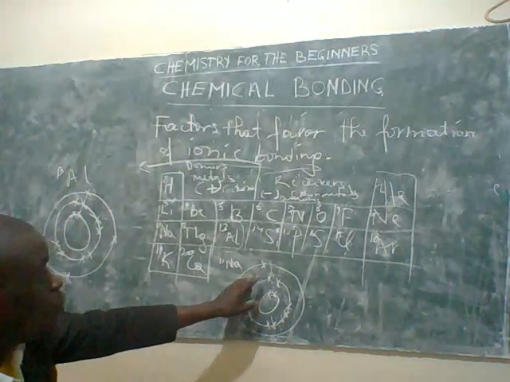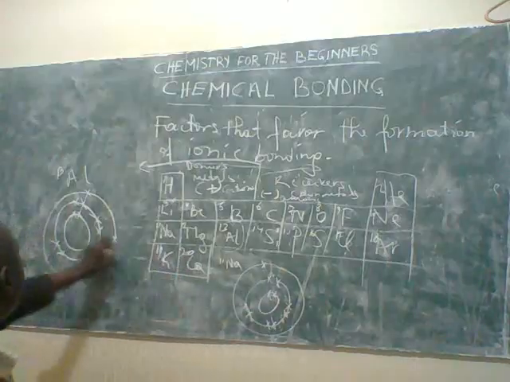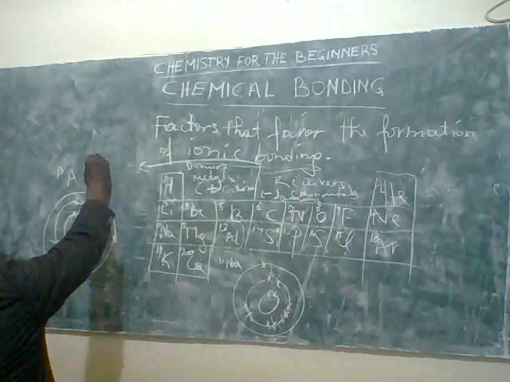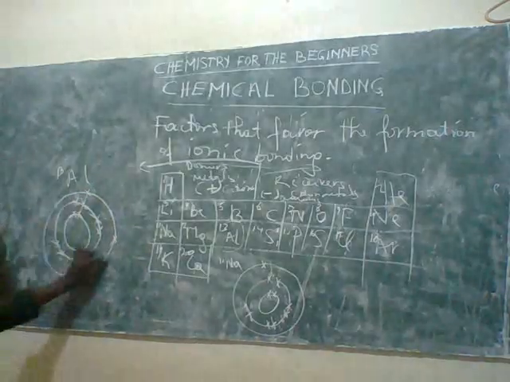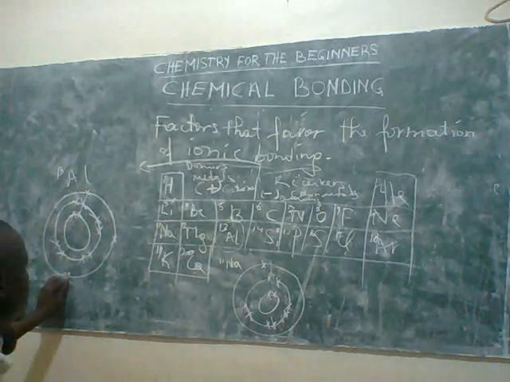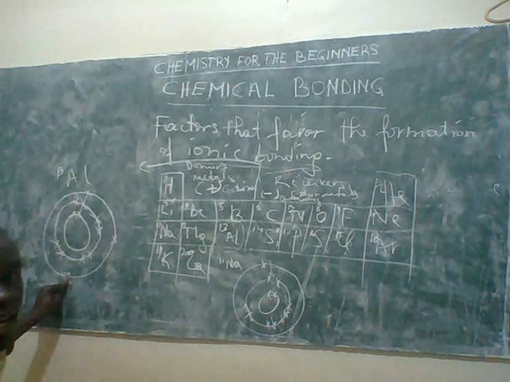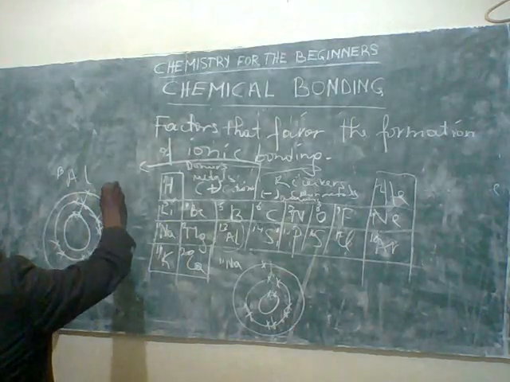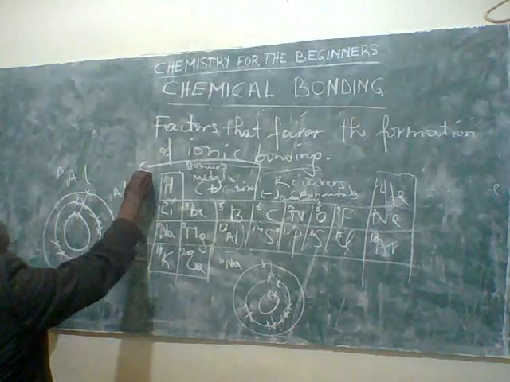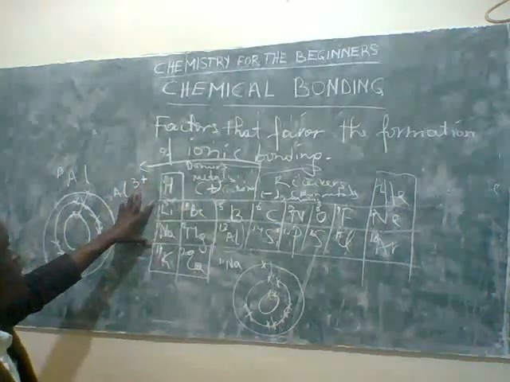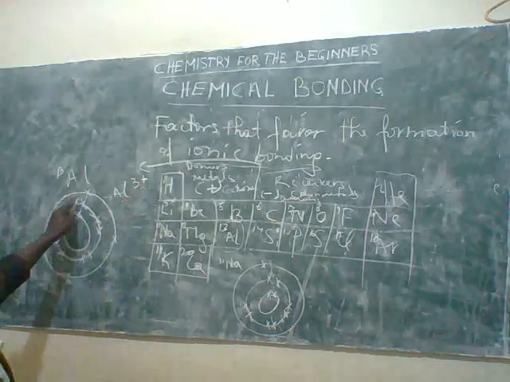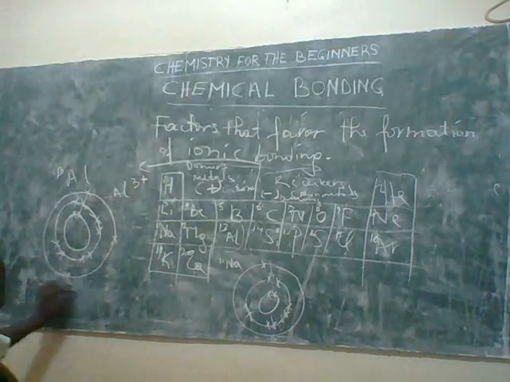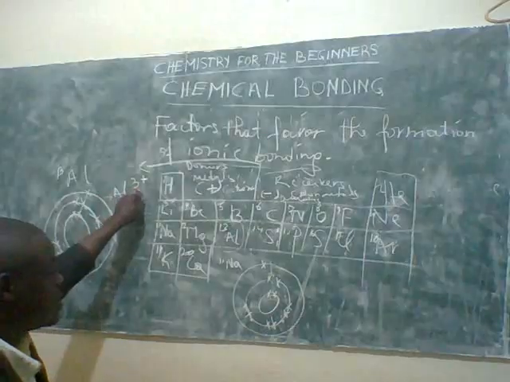power or energy to remove this. The valence of aluminium will become 3 plus, because in its outermost shell it has 3 single electrons. Because it falls into the metals, it will have plus, with 3 charges.